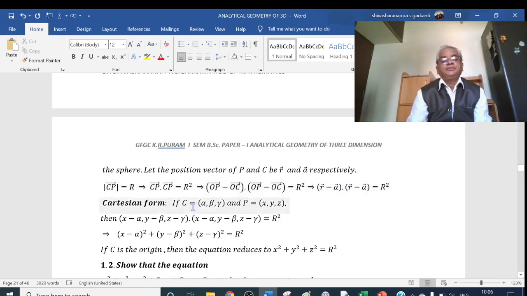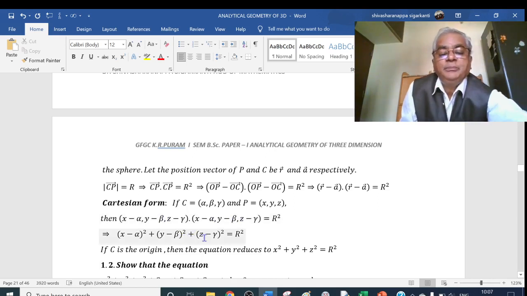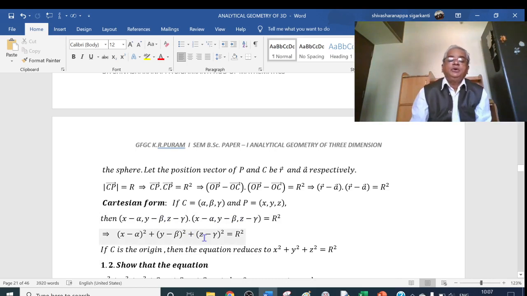In the Cartesian form, C is the point (alpha, beta, gamma) and P is the point (x, y, z), so r minus a is (x minus alpha, y minus beta, z minus gamma), dotted with itself, equal to r square. Taking the dot product, i times i term (x minus alpha) square plus j times j term (y minus beta) square plus k times k term (z minus gamma) square is equal to r square.